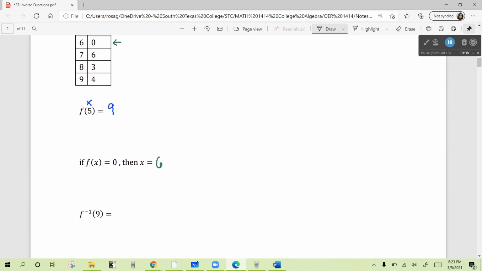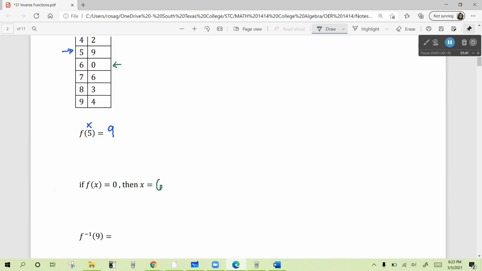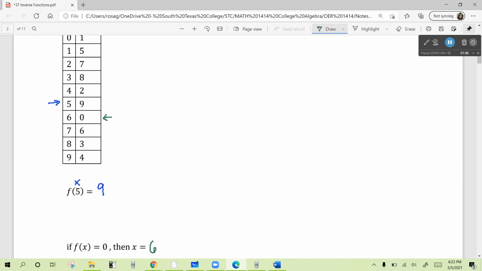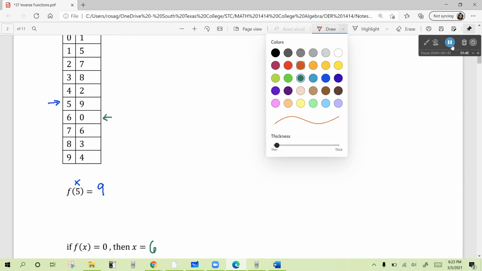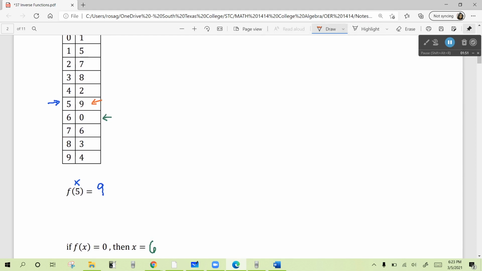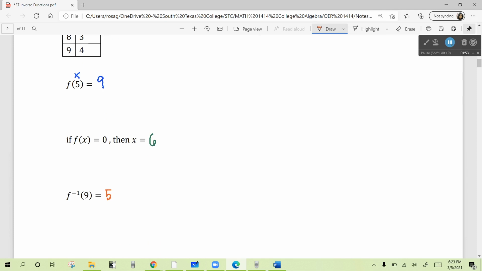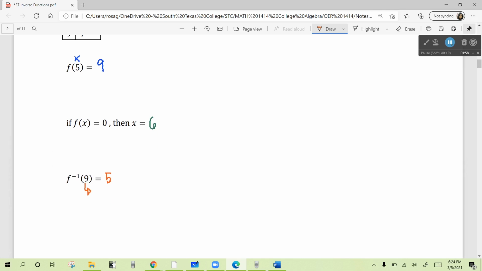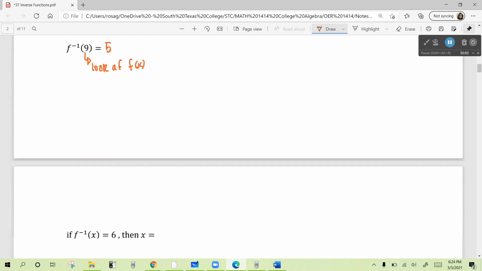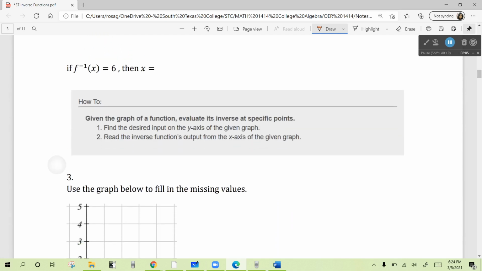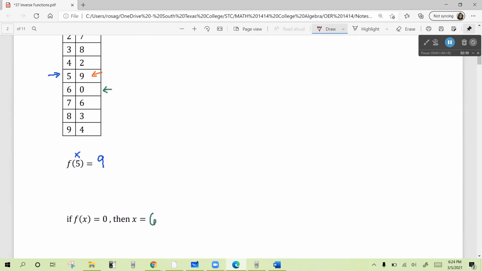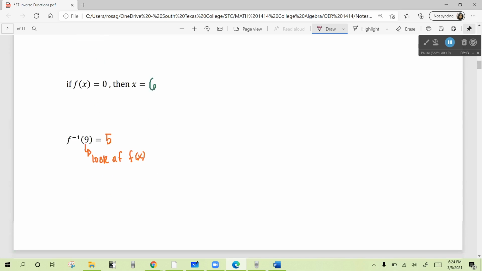If the inverse of 9, you're looking at the y value. The inverse of 9 would be 5. Because when you're talking about inverses, you're looking at f of x. If the inverse is 6, then the answer is 7.